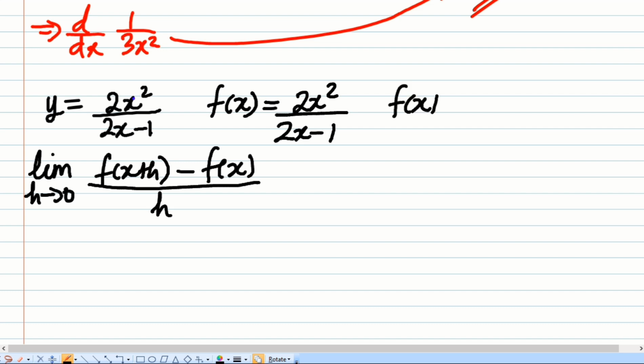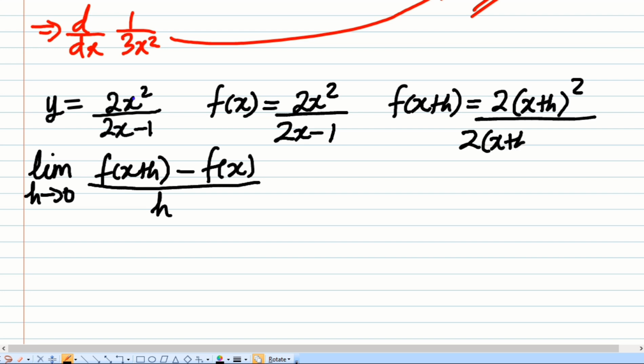Then our f of x plus h will definitely be 2. Instead of x, we now have x plus h squared over 2. Instead of x, again we have x plus h minus 1. So everywhere you see x, replace it with x plus h.